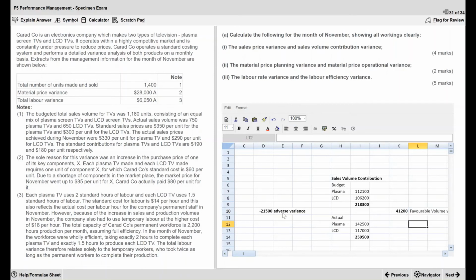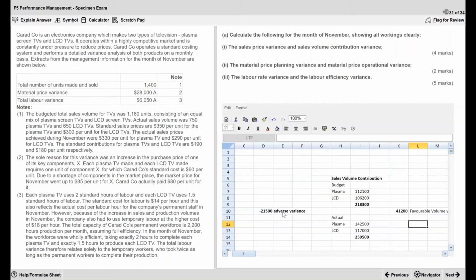Remember, sales volume variance and sales price variance are related. If your price variance is adverse, your volume variance would be favorable. If we sell something expensive, then in price it would be favorable, but because the price is higher, people will usually buy less, so your volume would be adverse.